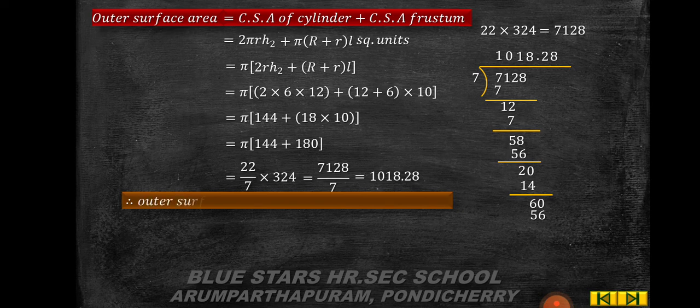Therefore, the outer surface area of the funnel is 1018.28 centimeter square.